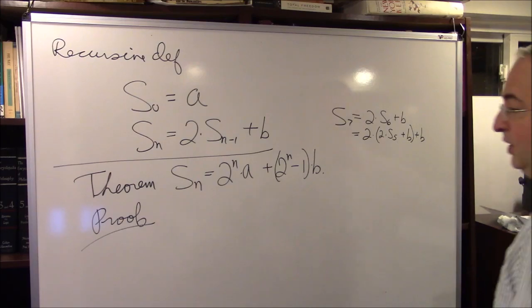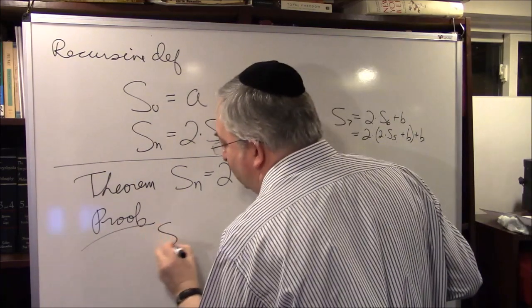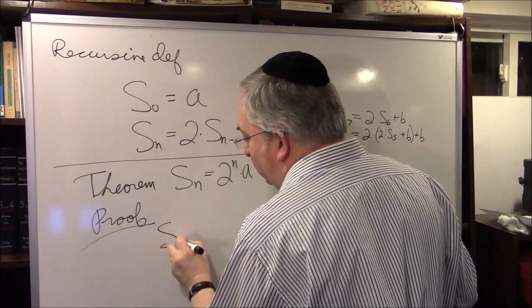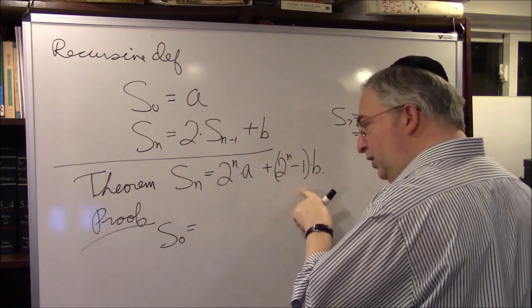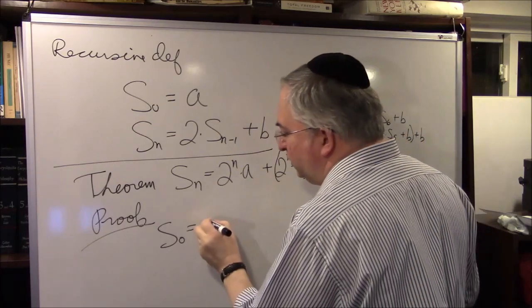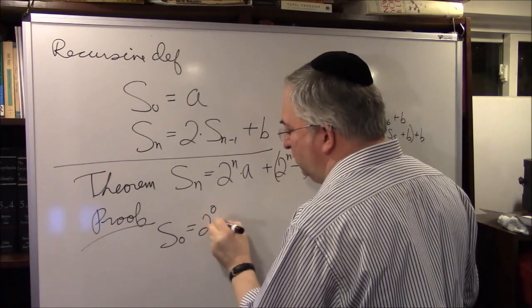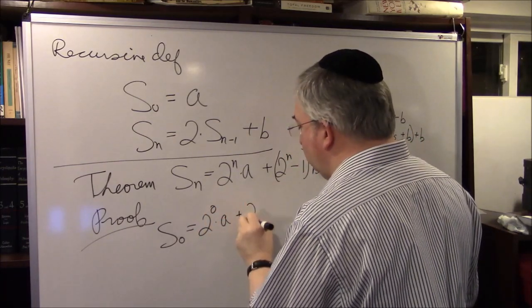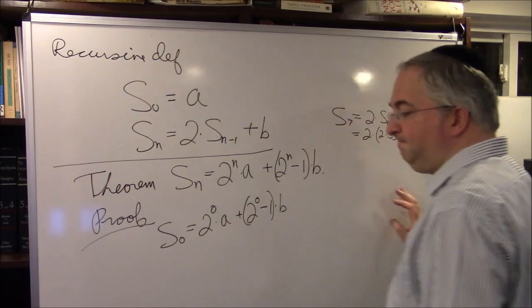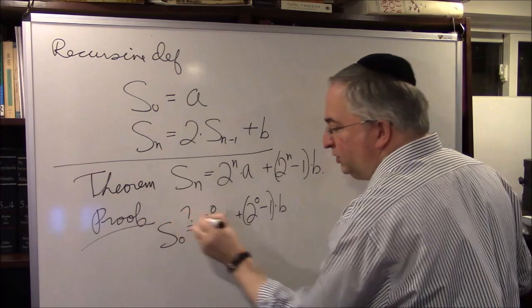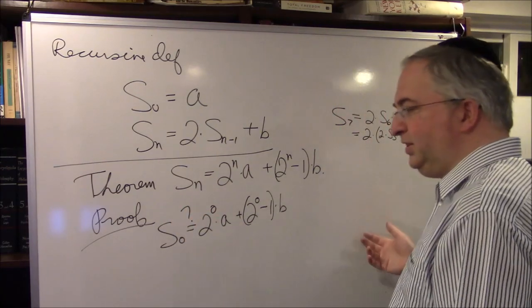So let's do it. The base case: let's start the base case at 0. S of 0 is equal to, I hope this is true, 2 to the 0 times A plus 2 to the 0 minus 1 times B. Is that true? Well, what's S of 0?